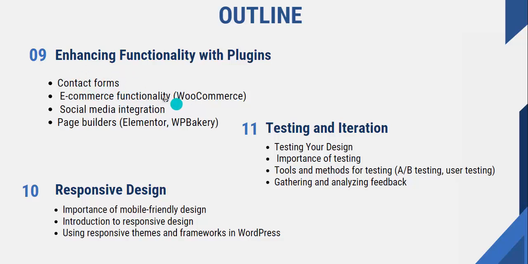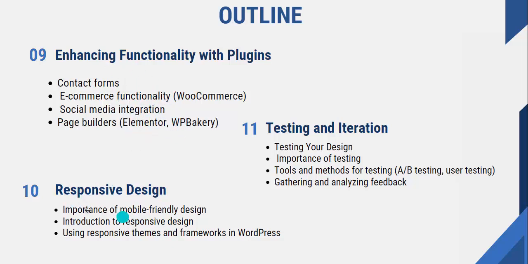We have e-commerce. You can make use of the WooCommerce plugin to control the e-commerce functionality of your site. We also look at social media integration. We also look at page builders. We have WP Bakery, Elementor, the Divi builder, and so on and so forth.